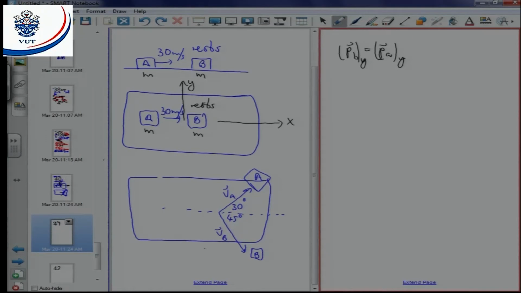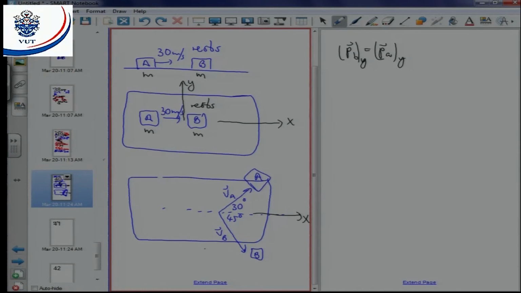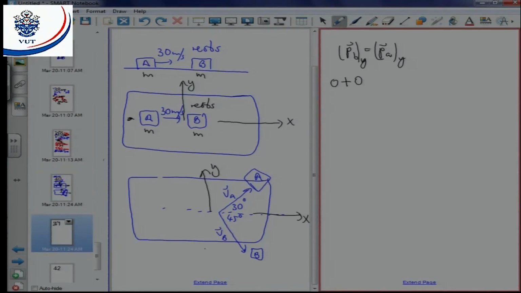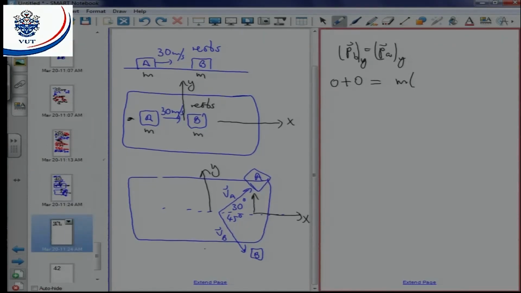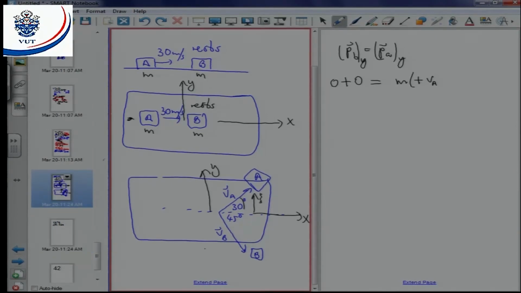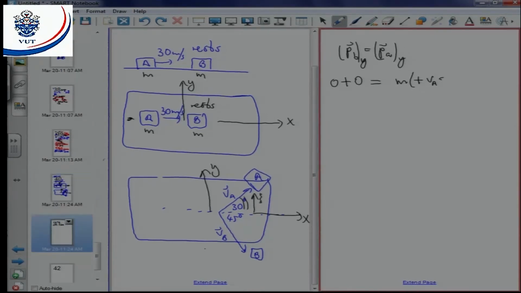You can see that initially there's no components in y, so 0 for A and 0 for B. Then afterwards for A, y is up, which is positive, so it's m, and the magnitude of the speed is VA. I want the y component, the angle is 30, so it's going to be VA sine 30 degrees. And then I've got plus from the equation.